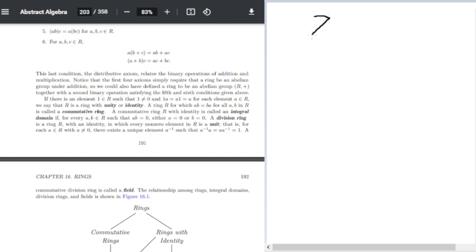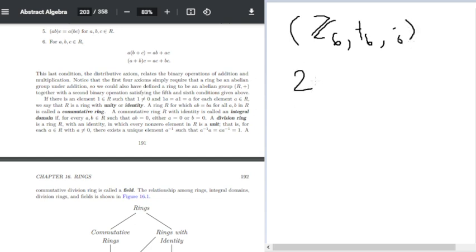So consider the integers mod 6. It's very clear that using the equivalence classes, we have all the actual axioms of a ring. So we can write plus mod 6 and times mod 6 as our ring structure.